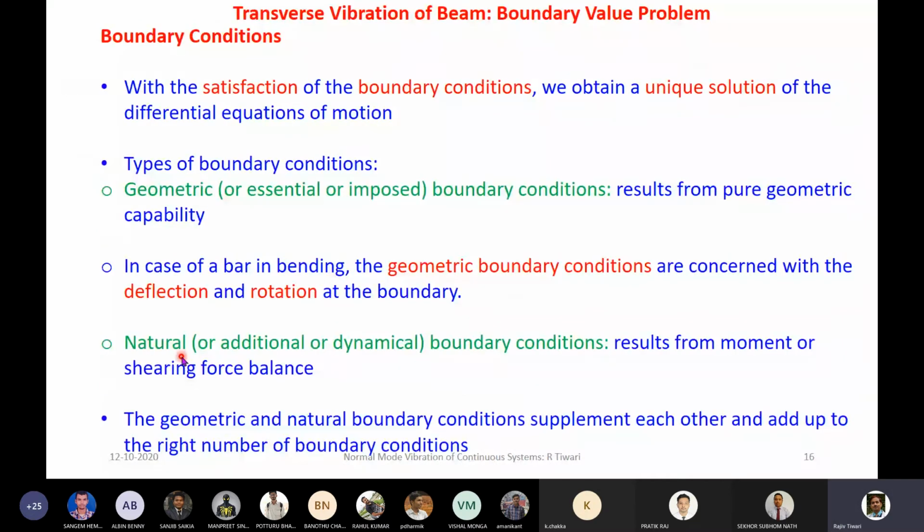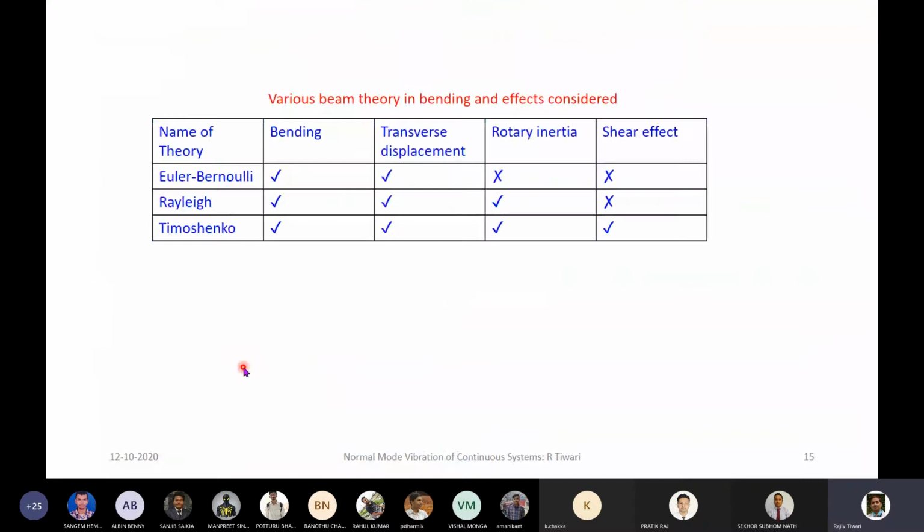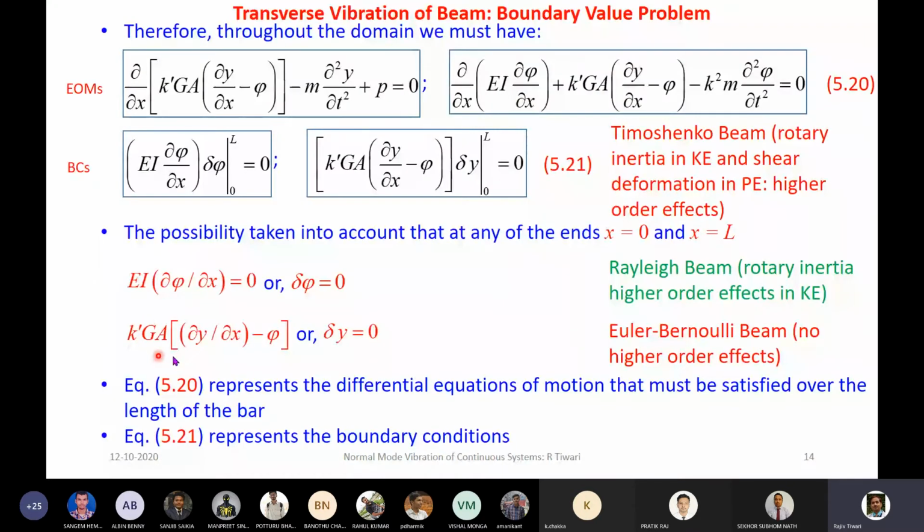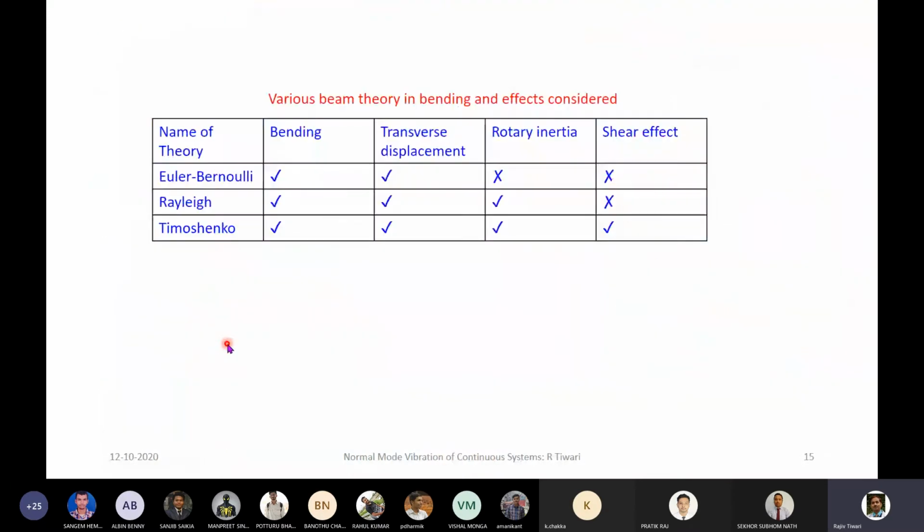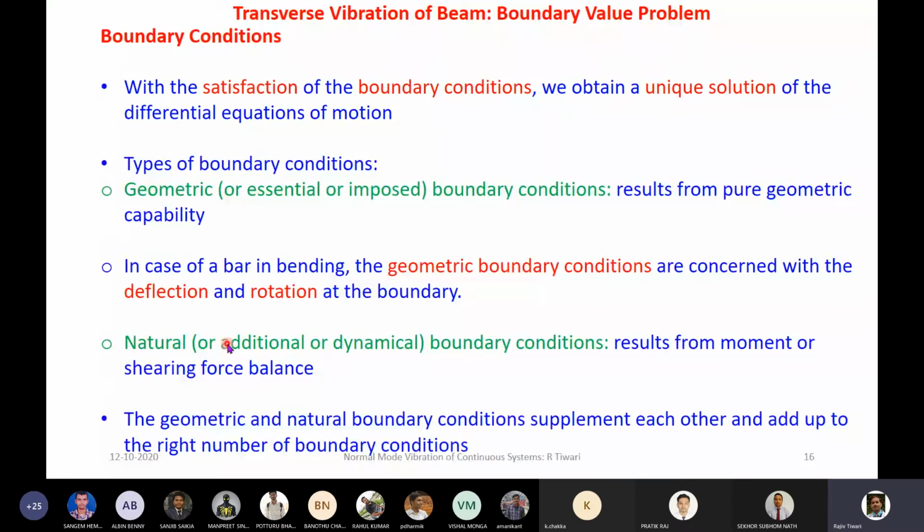There is another kind of boundary condition that is called natural boundary condition or additional boundary condition or dynamic boundary condition. They result from the bending moment and the shear force. So natural boundary conditions: this is the bending moment, this is the shear force. So they are natural, additional or dynamic boundary conditions. So there are two types of boundary condition we define: geometric, displacement and the slope; natural, shear force and the bending moment.